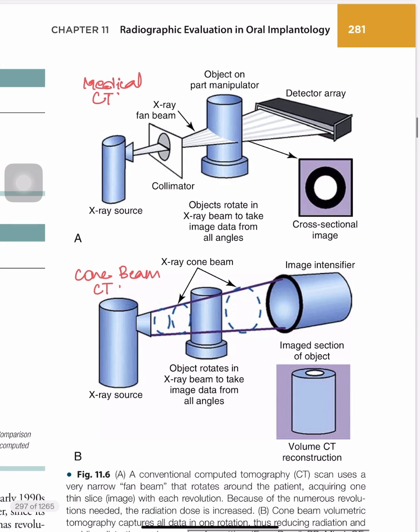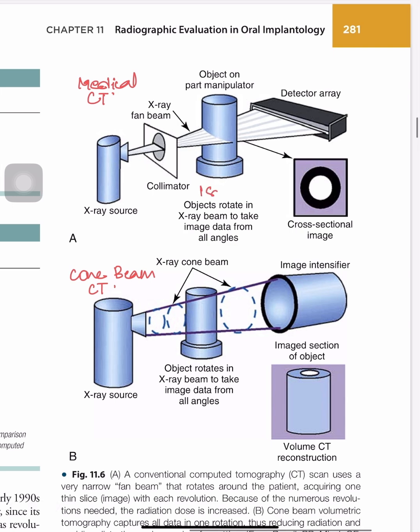So I'll quickly show you the difference between medical CT and cone beam CT. So this is the medical CT. In the medical CT, the X-ray source will revolve around the object in a fashion that each revolution would produce one single slice. So continuously it will revolve around the object until it produces the desired image.